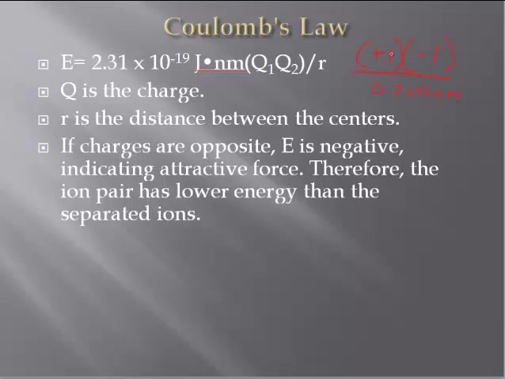So if I were to multiply those two together, I'd get a -1, divide by 200, times that by this number, and I'd get some energy value in joules, right? But again, to be honest, we really don't spend a lot of time calculating that out. The important thing is that you do get an energy value, and it's negative, which means that energy is given off. And again, that negative value just tells us that it's a favorable thing, right?